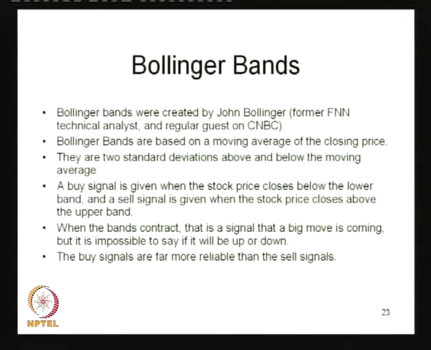Here the Bollinger Band explains what the definite point is, at what level there is a buying signal and at what level there is a selling signal. What we have always seen in practice is that the buy signals are far more reliable than the sell signals if you use Bollinger Bands.